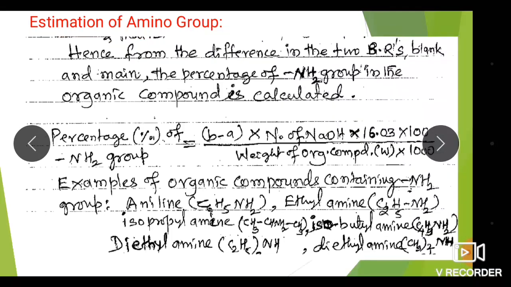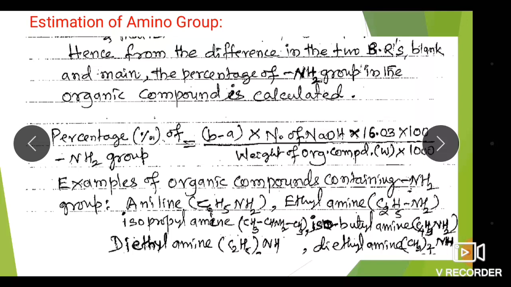So with the help of a formula we can calculate the amount of NH2 group present in the given organic compound. Hence, from the difference in the two burette readings, blank and main, the percentage of NH2 group in the organic compound is calculated.